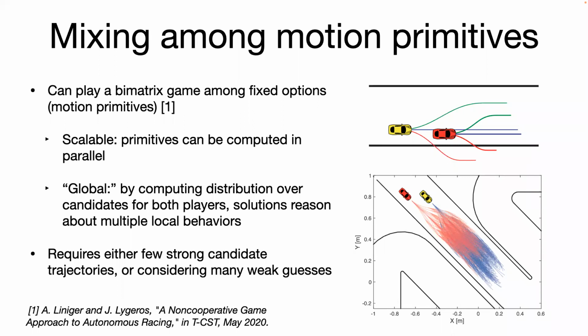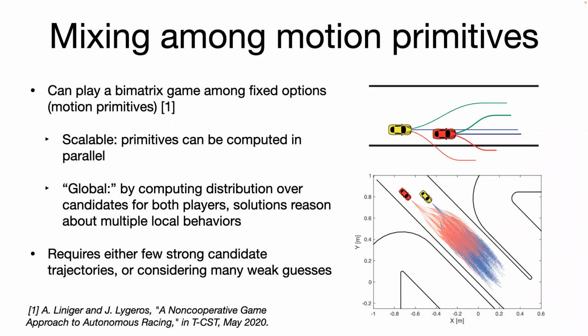Here it was racing, with a finite number of fixed primitives that each car gets to think about. On the top they're showing 3, and on the bottom many random choices, and then you just play a finite matrix game among these options, and there's guaranteed to be a mixed Nash equilibrium in that setting. So existence is solved for us.